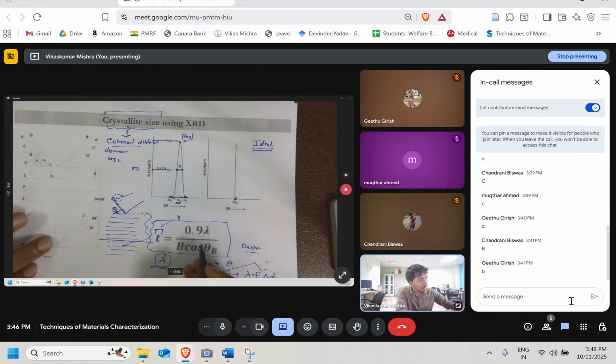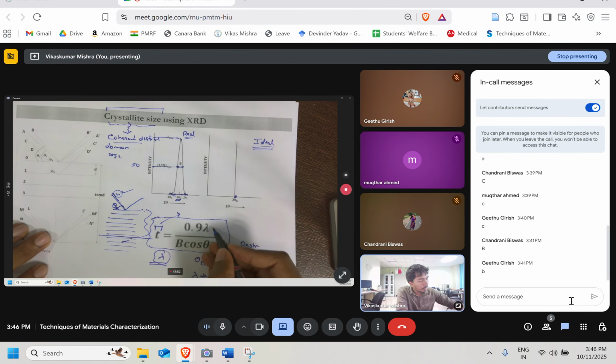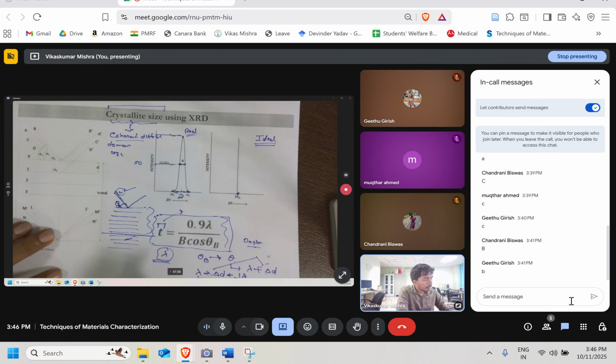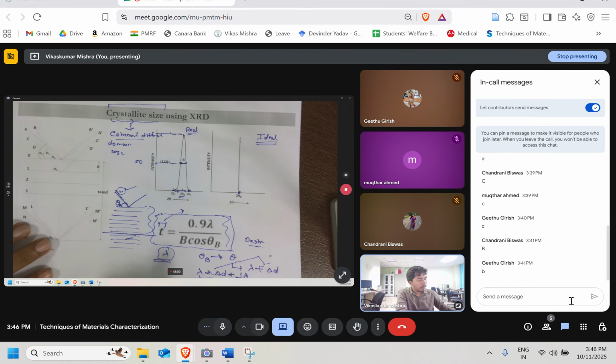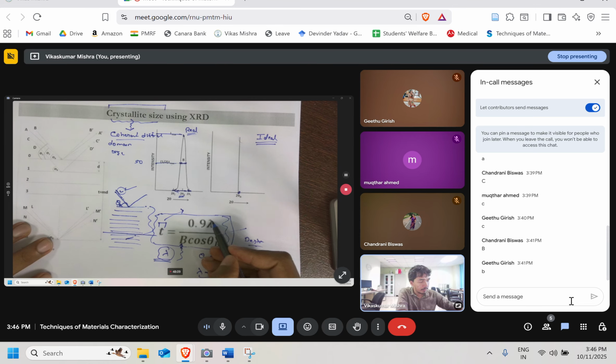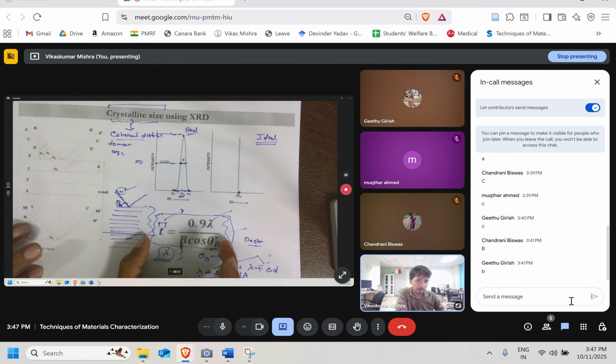Now you can find the crystallite size with respect to this formula. B is the broadening, theta B is the Bragg angle, and lambda is the wavelength which we have used. Based on this, we can find the crystallite size.